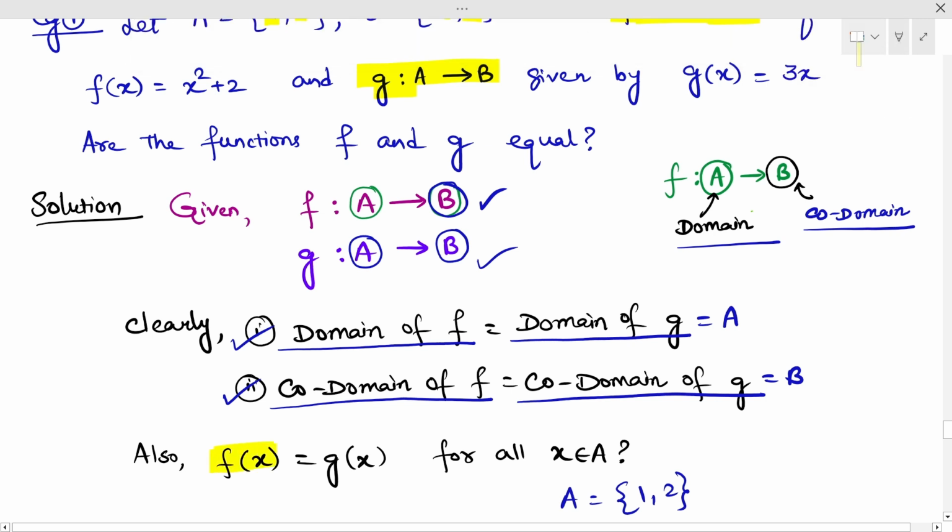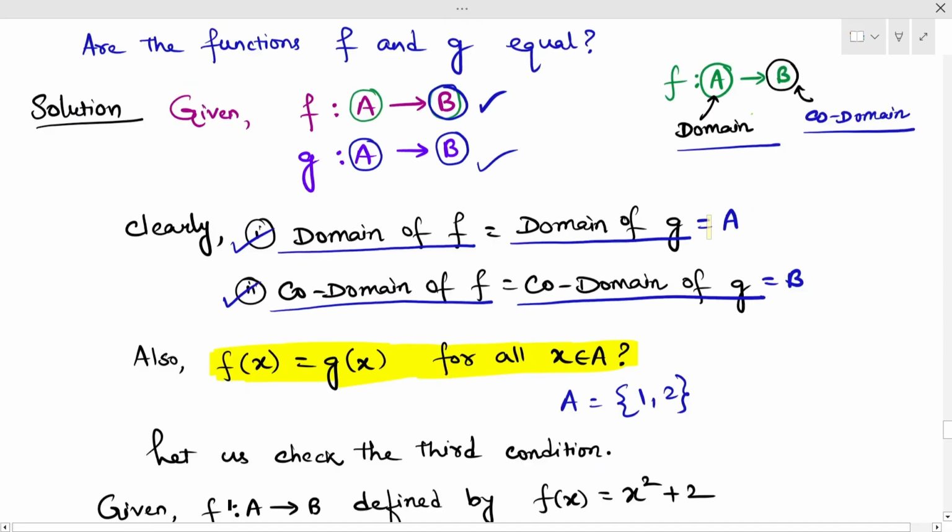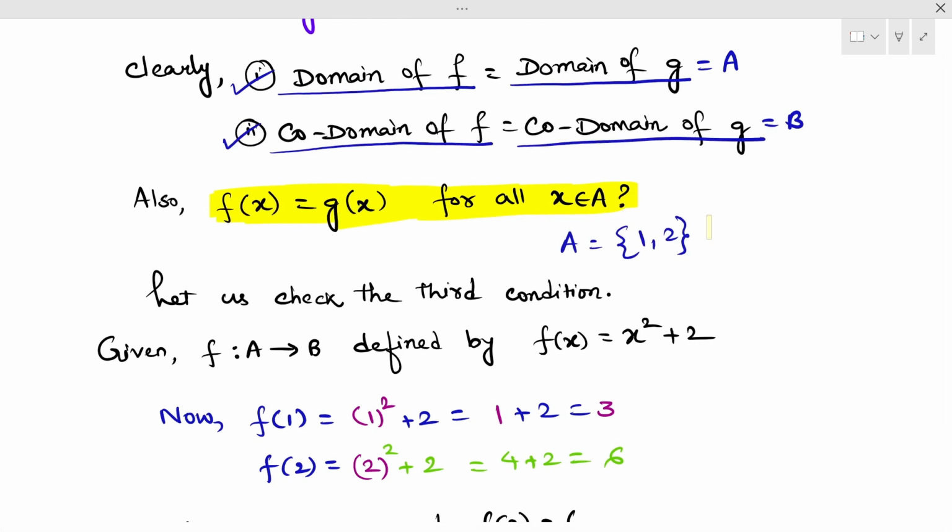Let's check the third condition, that is f(x) equals g(x) for all x belonging to their common domain A. How to check this? Just see. Here our set A was 1 and 2, right?